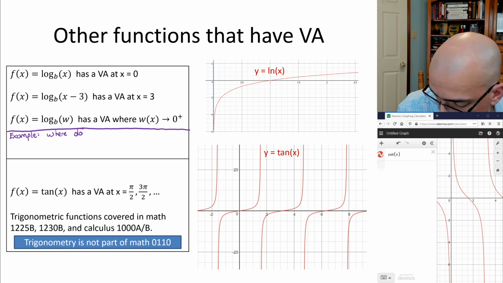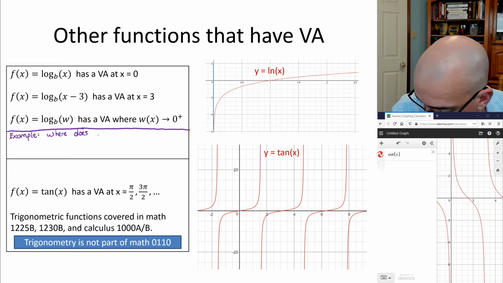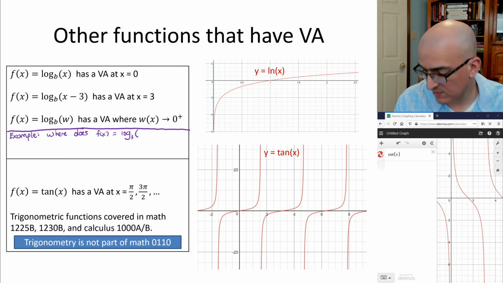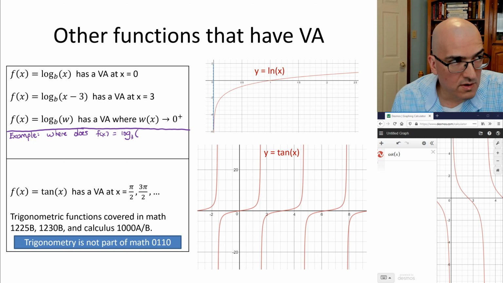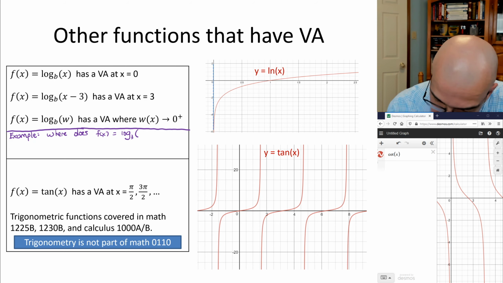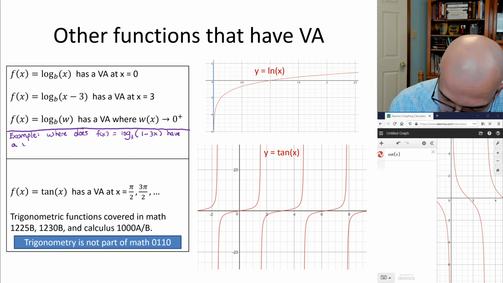Where does f of x equals log base 3 of, let's see, 1 minus 3x have a vertical asymptote?